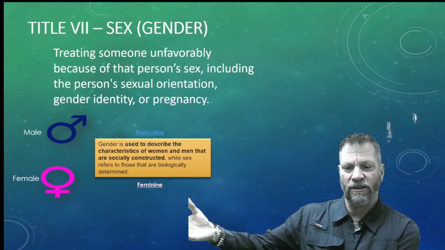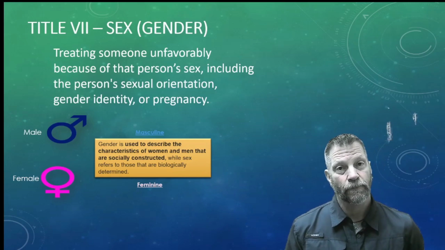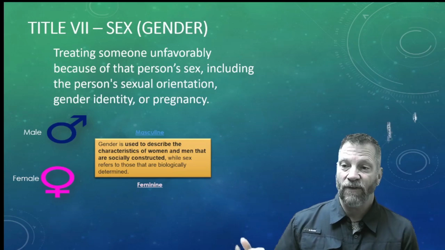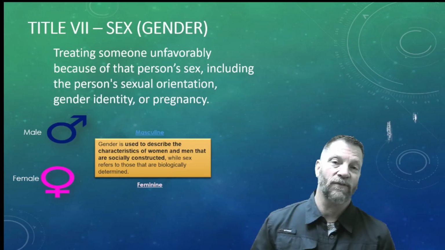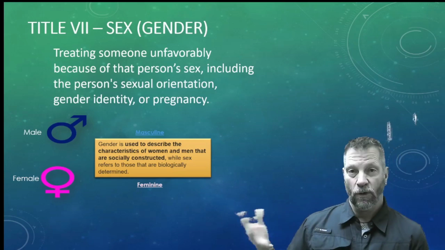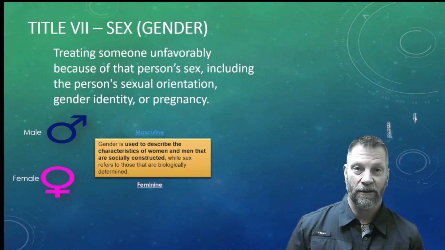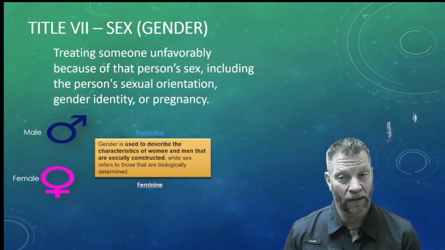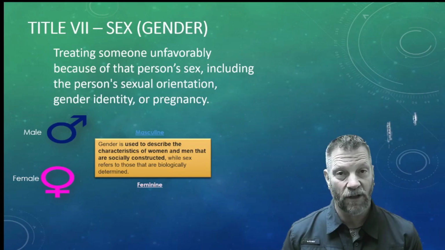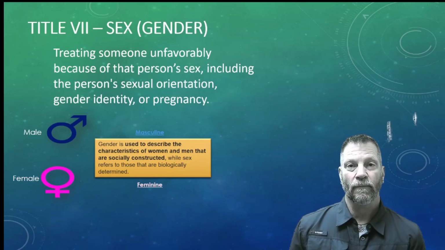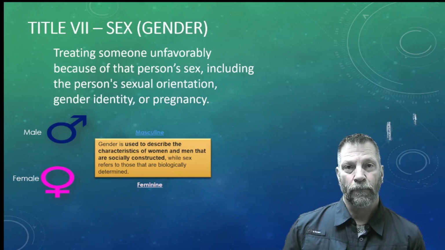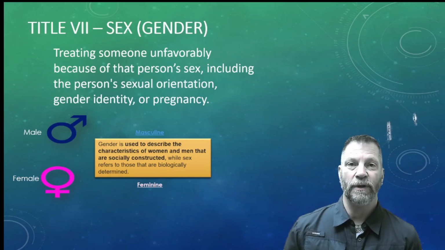Men should be like this and women should be like this. But if you have a man who's like this, well, now you have kind of a cross. So you have a man with feminine characteristics or a woman with masculine characteristics that crosses over. And a lot of people don't think that crossover should happen. But it's not for you to decide how that person should be.